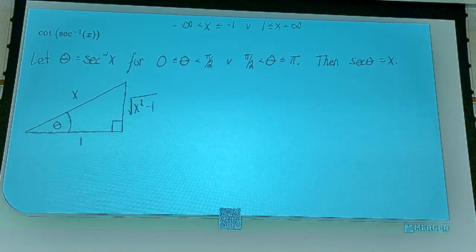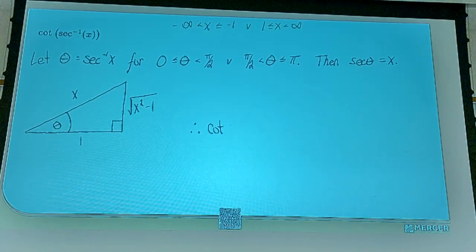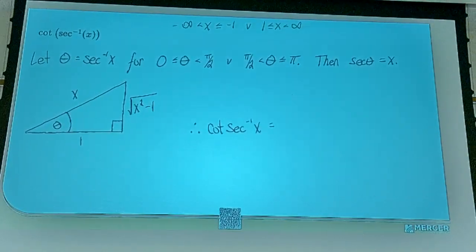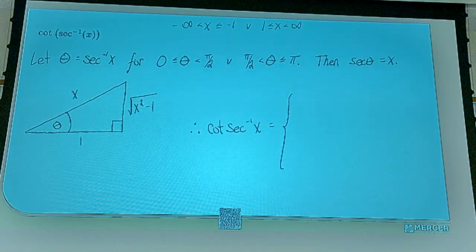The square root of x squared minus 1. This is going to be piecewise.